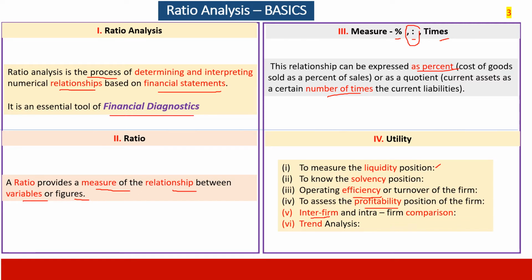And within the company also, between two departments or between two products, there can be an intra-firm comparison depending on cost of sales, gross profit within the departments, and ratios can also help us build up trend analysis. These are the basic elements which contribute to the importance of ratios as a topic of financial diagnostics.